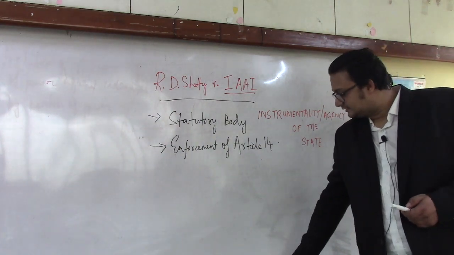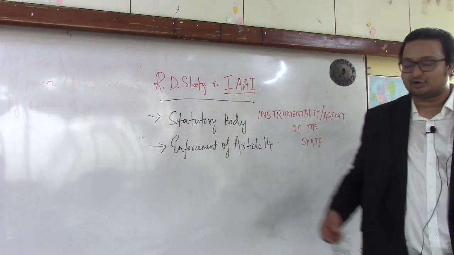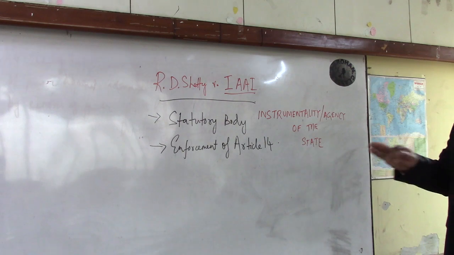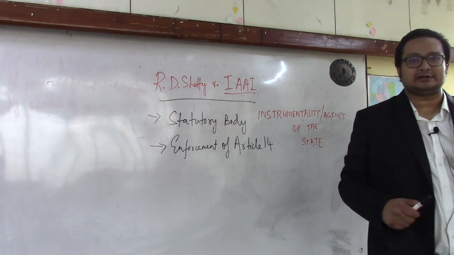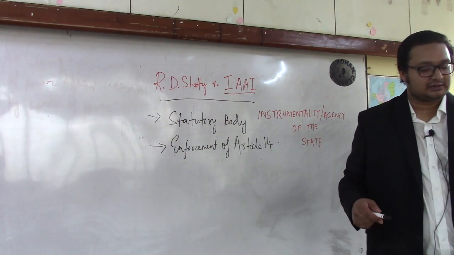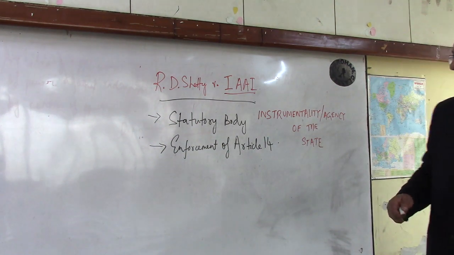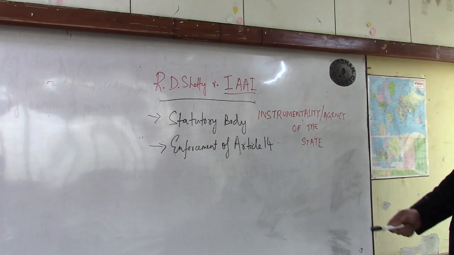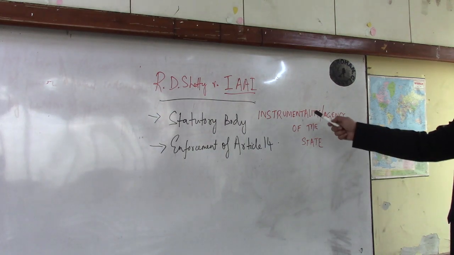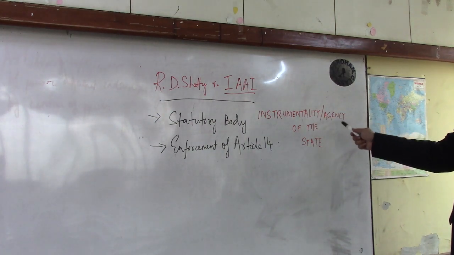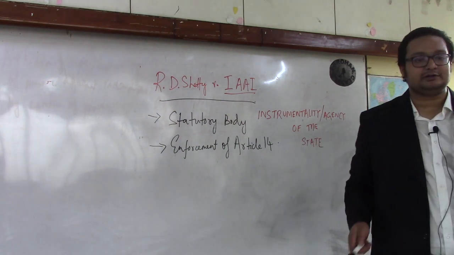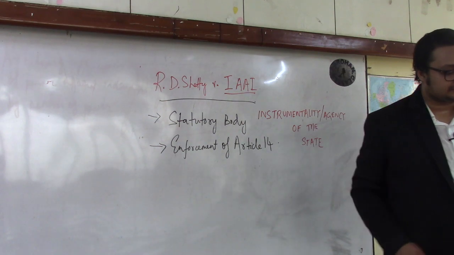So the court said that because this is a statutory body, and several other tests were there which were again reiterated in the very second case after this that I'll be discussing, but primarily because it is a statutory body and because it is an instrumentality or agency of the state, Article 14 can be enforced against it.